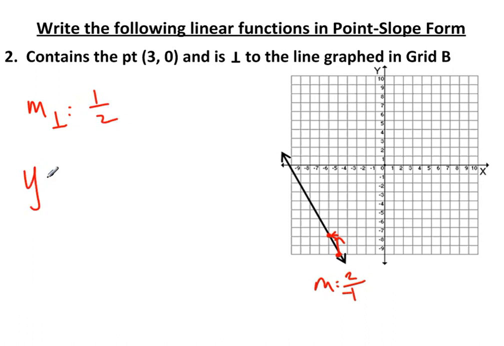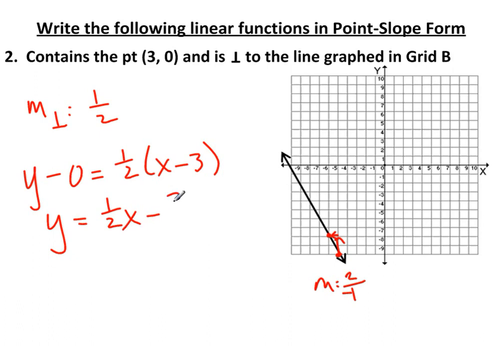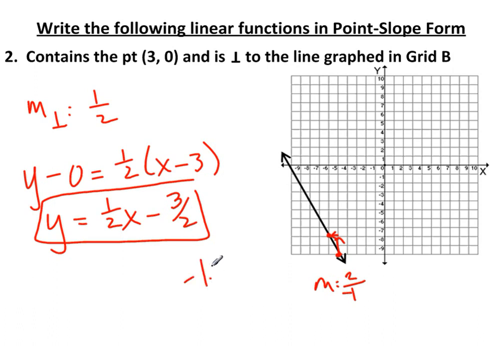So I'm going to do y minus y1 equals the slope times the quantity of x minus x1. So this is just y. It cleans up nicely. I'm going to still have to distribute 1/2 x minus 3/2. And that's my equation. Now this doesn't graph as nicely, but if I was going to graph down, negative 3/2 is negative 1.5.